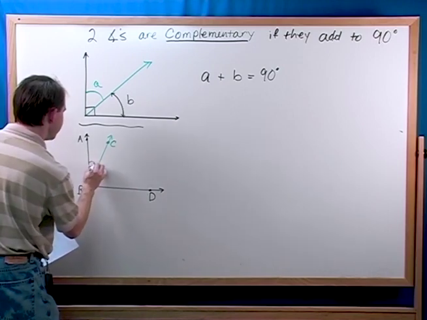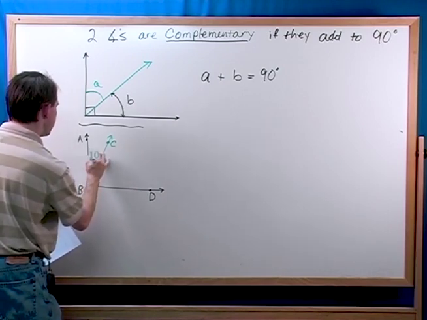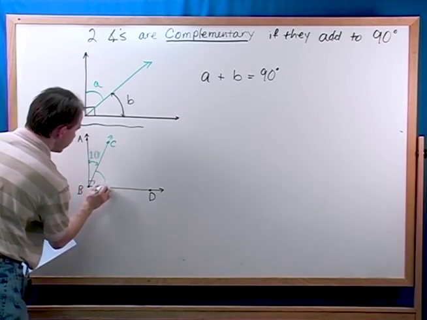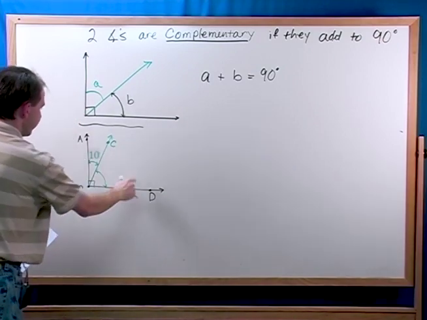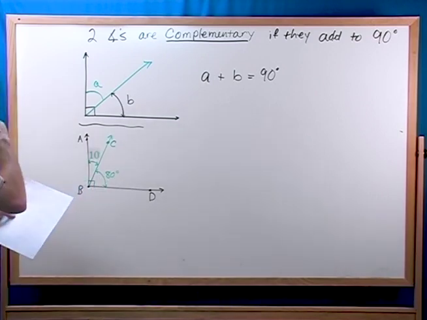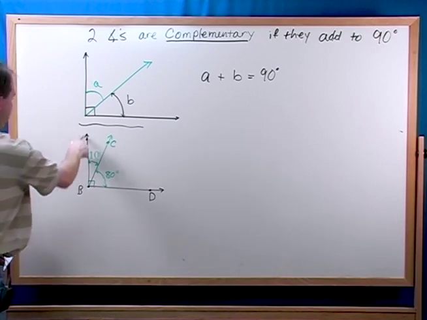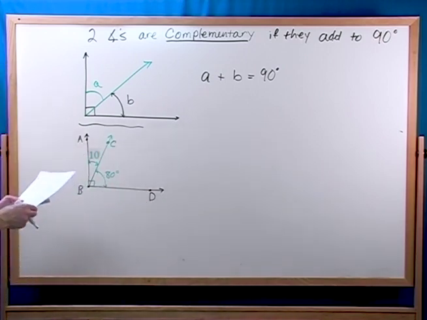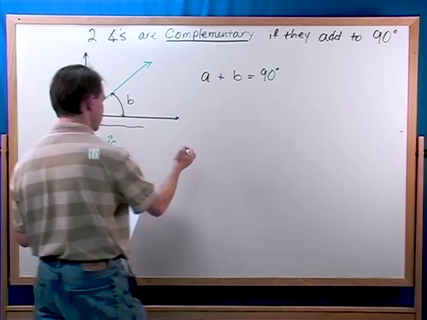This angle is given to you as 10 degrees, and this angle between this ray and this ray is given to you as 80 degrees. The question is, are these two angles, ABC and CBD, complements of one another?